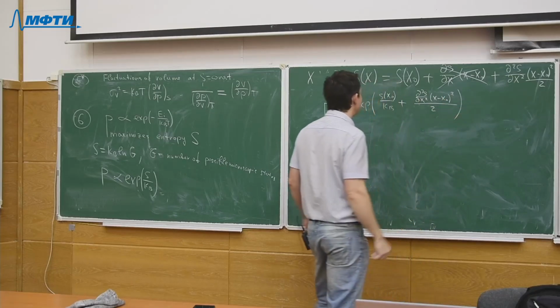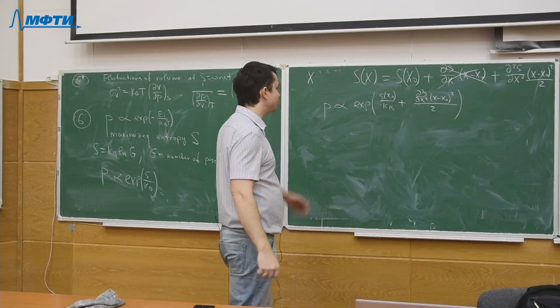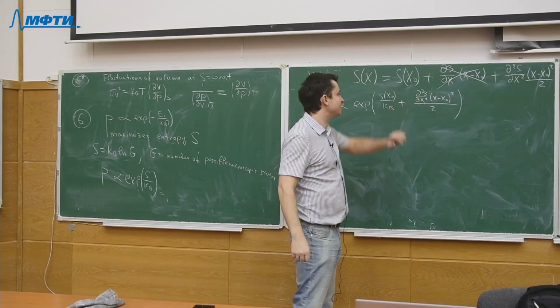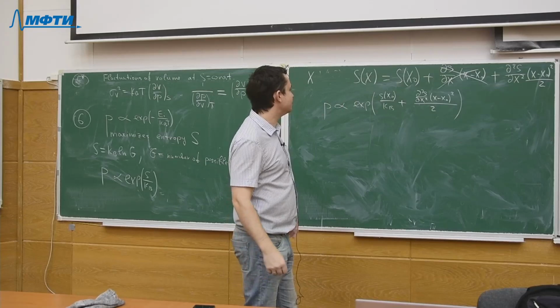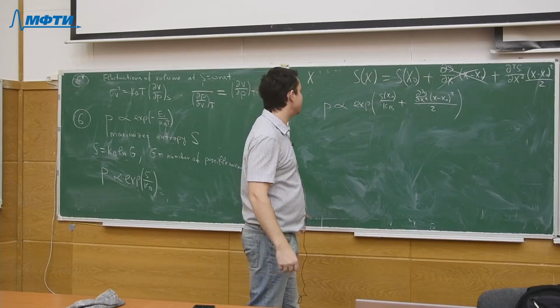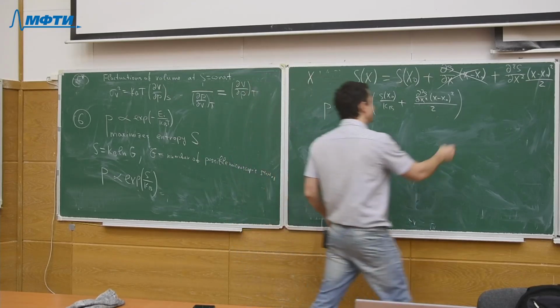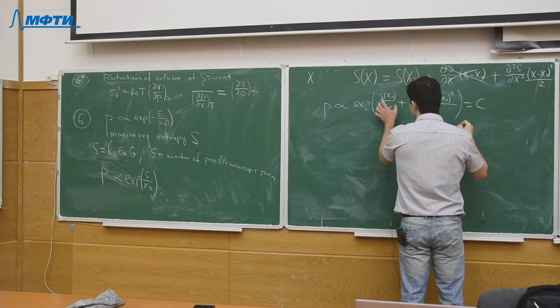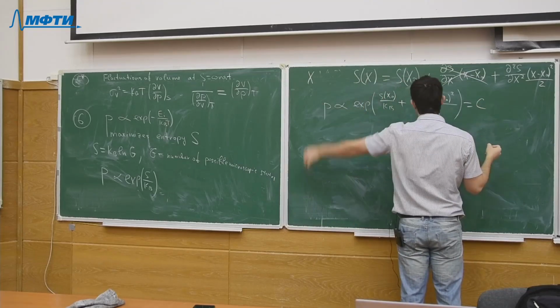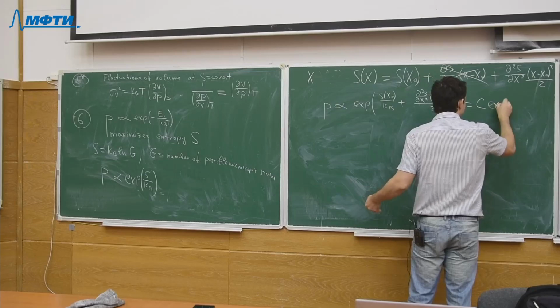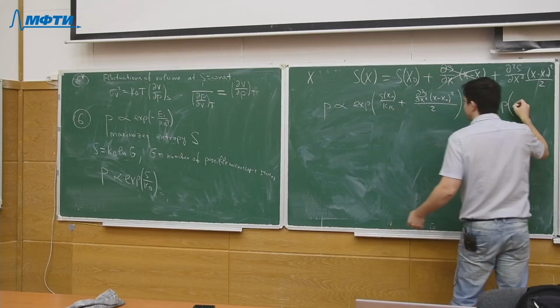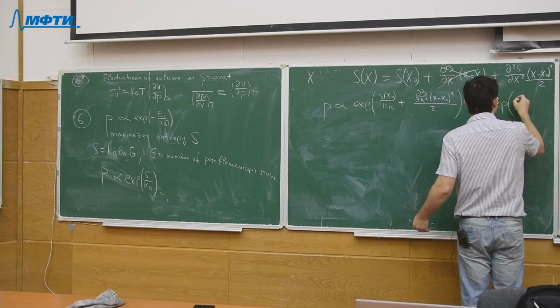And for the negative second derivative, this is perfectly relevant to the normal distribution. So if this is some constant, it should be taken out of the exponent. So this is some constant multiplied by this.